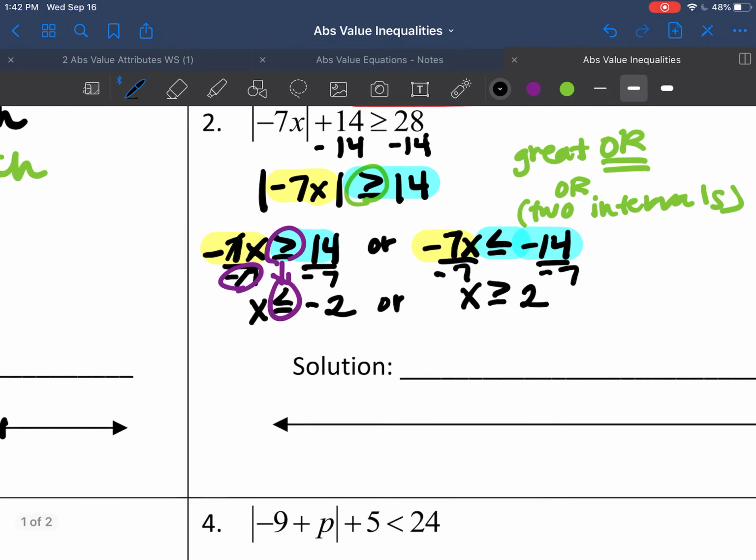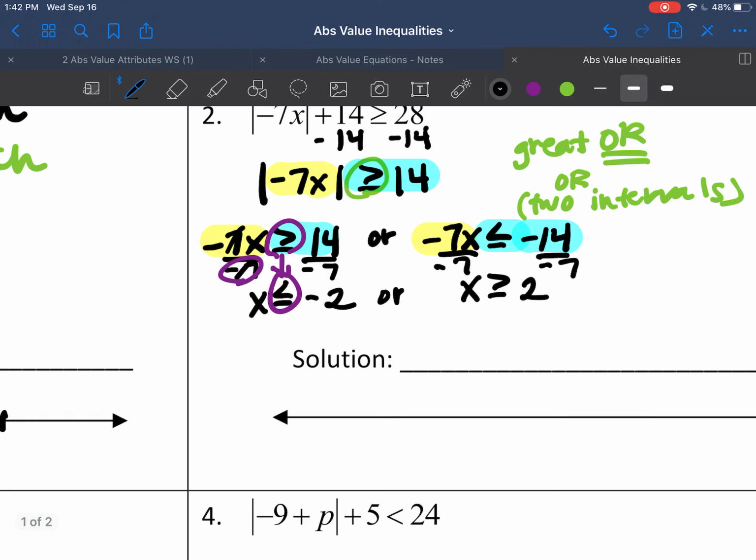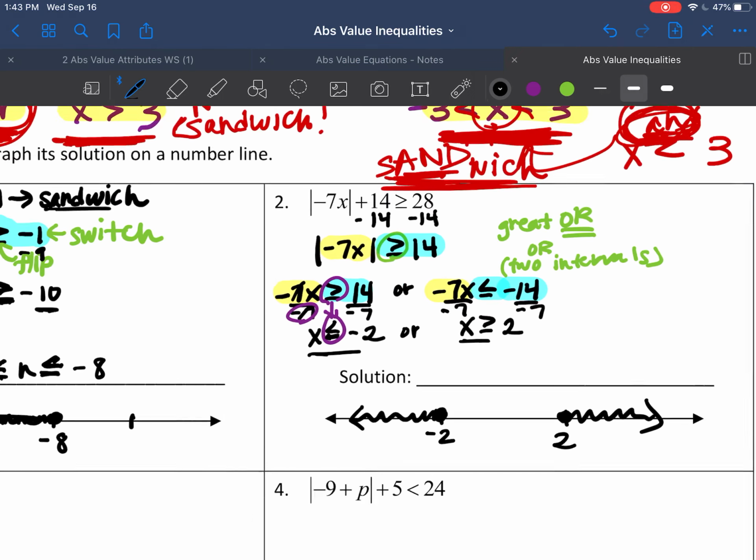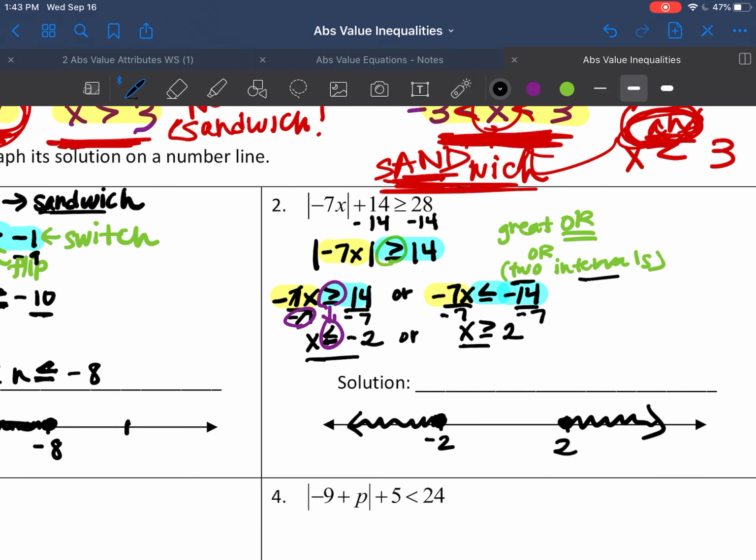Let's jump down to our number line. We have a negative 2 and a 2 we need to graph. We have the equal to, so we need closed circles. This left one says less than or equal to. This right side says greater than or equal to. 2 intervals, just like we said it would be.